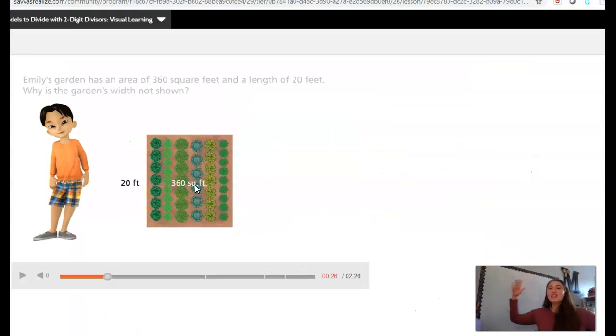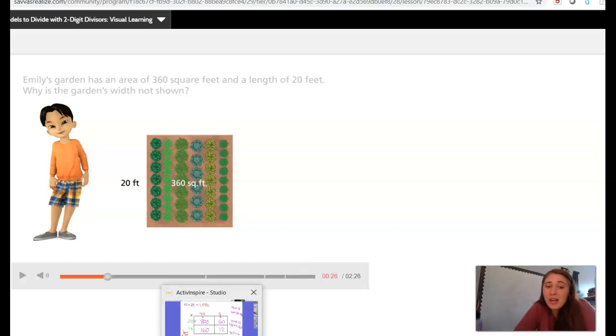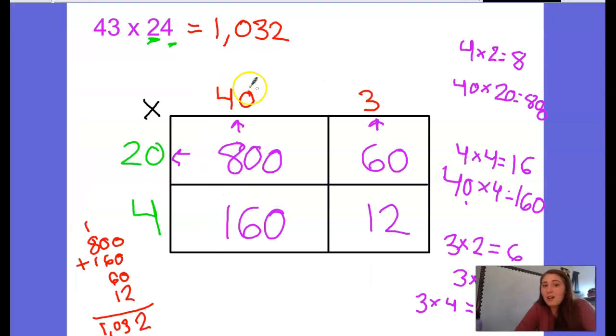We're given our dividend, how many we have total, okay? And we're given one of the numbers on the side, which is our divisor. Our unknown number this time is our quotient, which is the one that's on the side, which in multiplication, we're used to being given the two outsides, and we're finding the total.